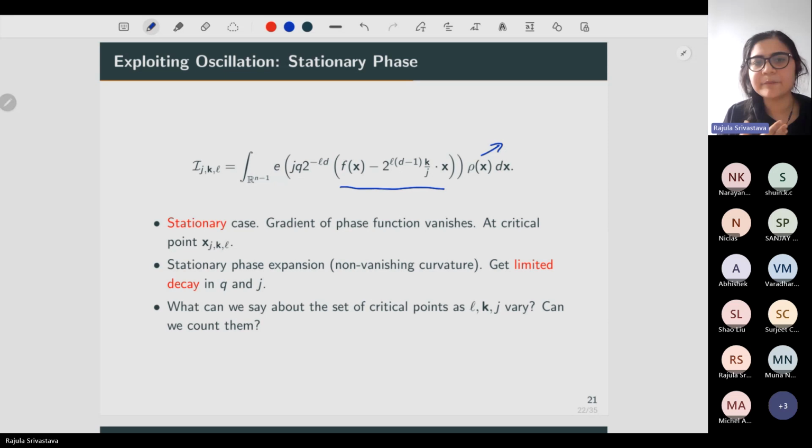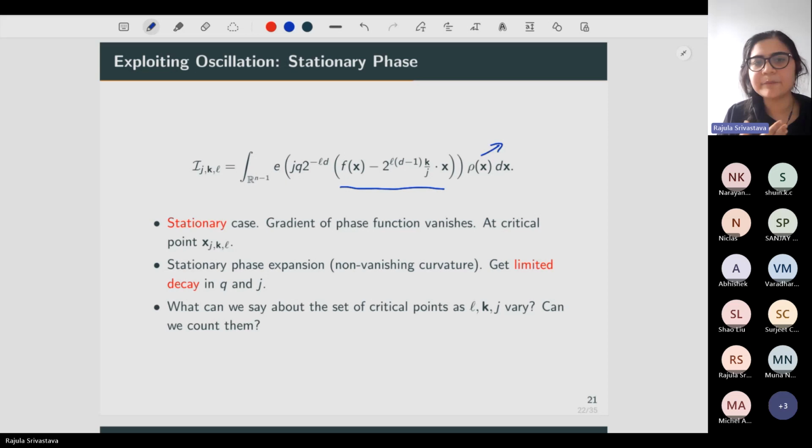When curvature does not vanish, even if the gradient does, I can do a stationary phase expansion. If you're not familiar with it, that's basically a technique where you still get some decay because of the non-vanishing second derivative condition. But this decay is limited. It's not as much as you want by doing integration by parts. You get a certain amount of fixed decay in these parameters depending on your dimension.